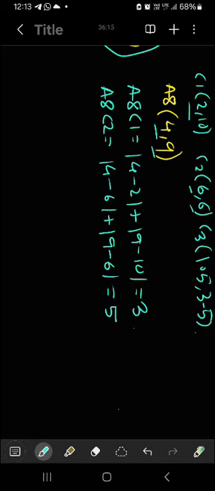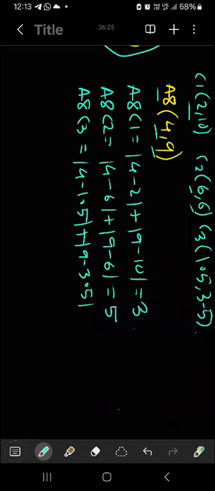Now I will be finding the distance of A8 from C3. A8 and C3: it is basically |4 minus 1.5| plus |9 minus 3.5|. 4 minus 1.5 is 2.5, and 9 minus 3.5 is 6.5.